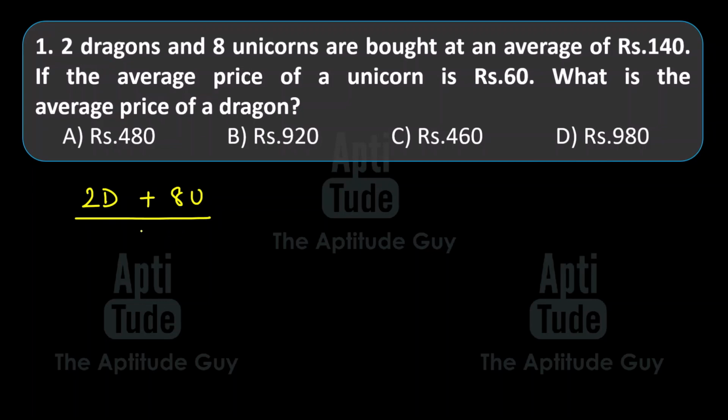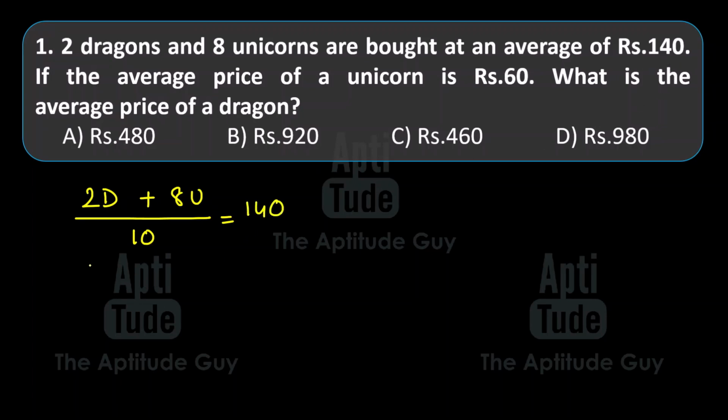We have 2 plus 8, 10 animals. Some people by mistake will end up dividing by 2 because they think dragons and unicorns, 2 animals. But no, we have to add all the units. 2 plus 8, 10. This is equal to the total average, that is 140 rupees.